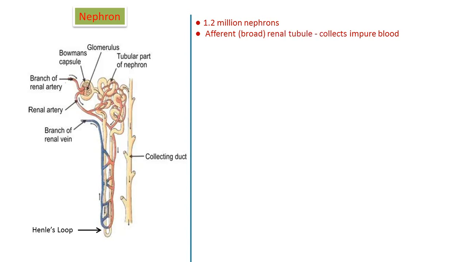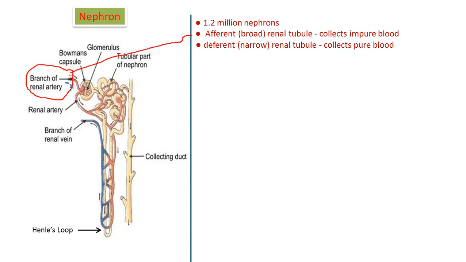The afferent broad renal tubule collects impure blood, and the efferent narrow renal tubule collects pure blood. This is the afferent renal tubule, and this is the renal artery.